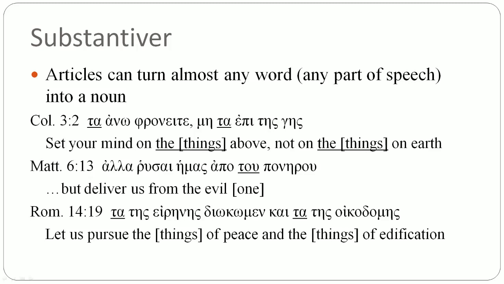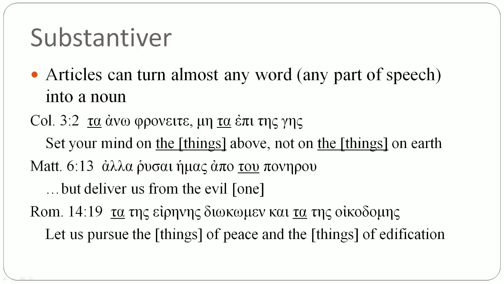Romans chapter 14, verse 19. Ta tes eirenes diokomen kai ta tes oikodomes. Let us pursue, diokomen, the things of peace. Ta tes eirenes. If you don't put the substantive in there, it's let us pursue the of peace, which doesn't make a whole lot of good sense, right?